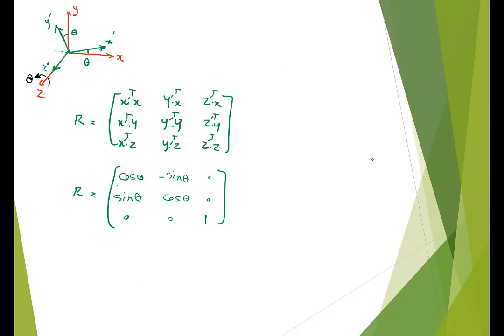There's also another way to calculate the rotation matrix that I want to briefly show you. It gives you an insight into other features of the rotation matrix. Consider a similar case when we have one rotation around the z-axis.